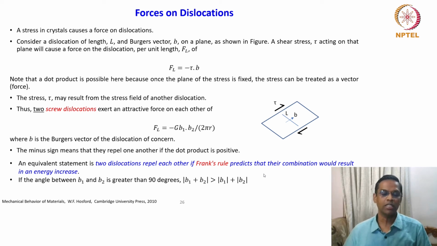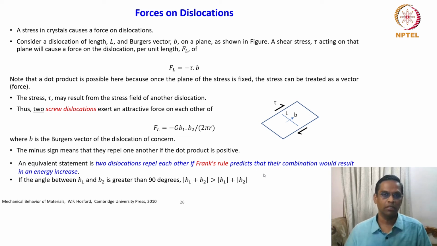Suppose a dislocation can dissociate, or two partial dislocations can combine to form a new dislocation, or a unit dislocation can split into two partial dislocations. But this can happen only when the energy is favorable. That is what Frank's rule says. Suppose the unit dislocation wants to dissociate into two partial dislocations, and the unit dislocation's Burgers vector is B1 and the two partial dislocations are B2 and B3.